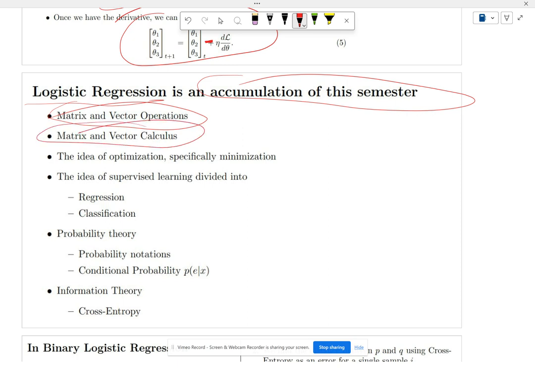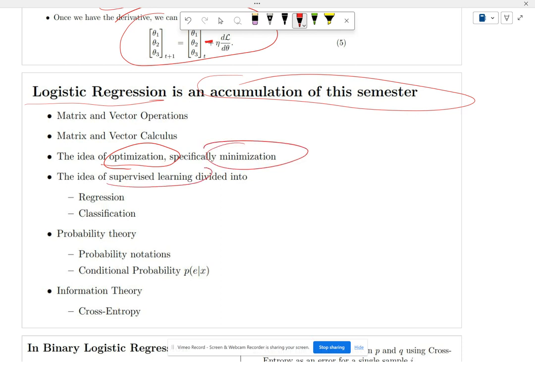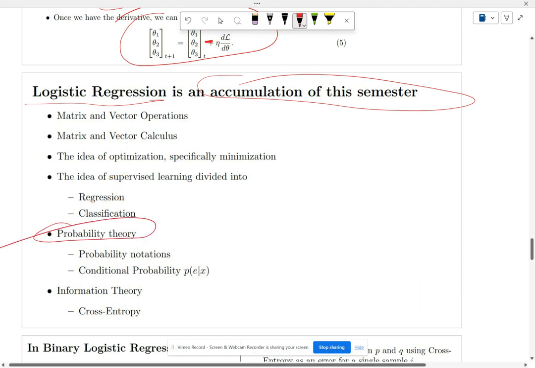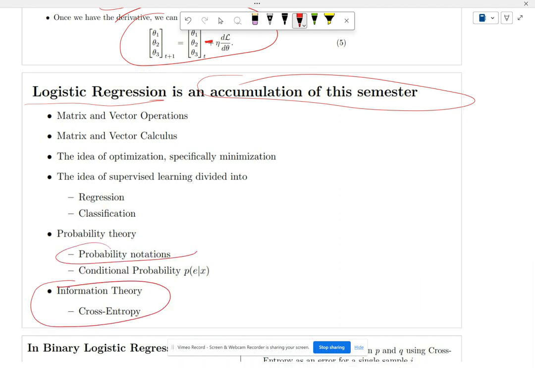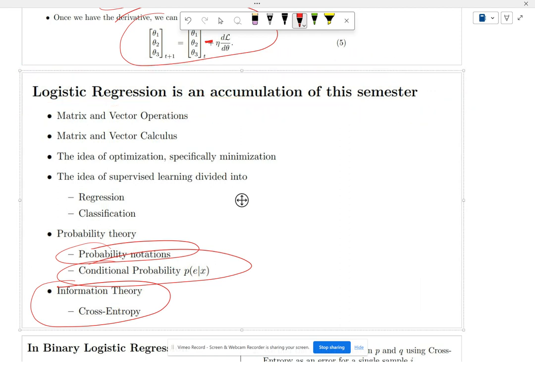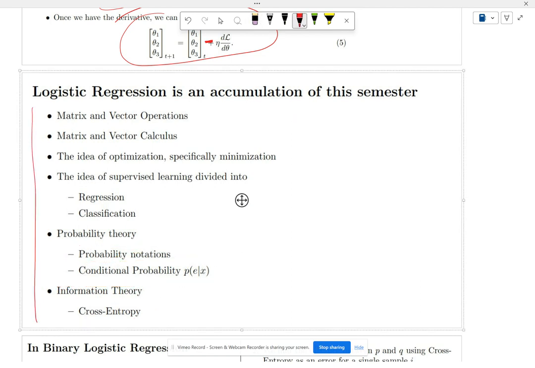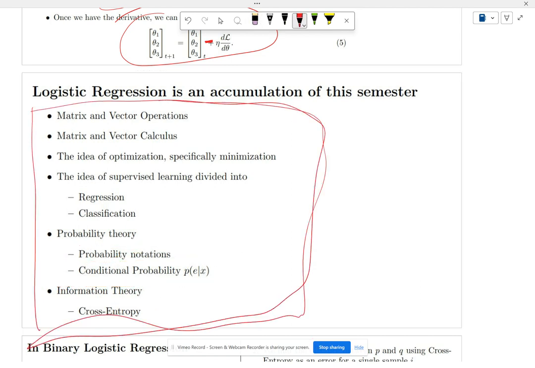Matrix-vector calculus, the idea of optimization, specifically minimization, supervised learning, how it divides into regression and classification, and then probability theory, like information theory, cross entropy, all the notations, conditional probability. So in knowing how to do logistic regression, this is essentially how far we've come. It's about halfway through the semester, and we've done quite a bit already so far.